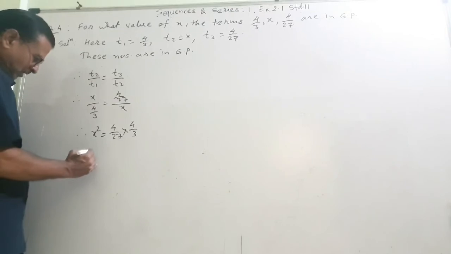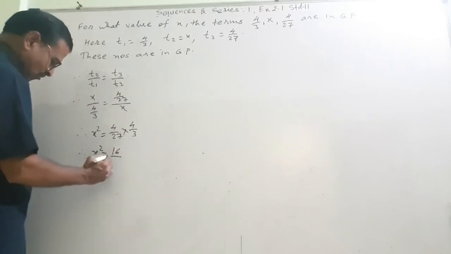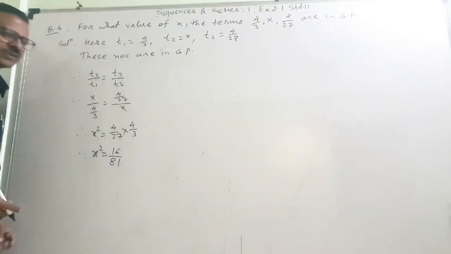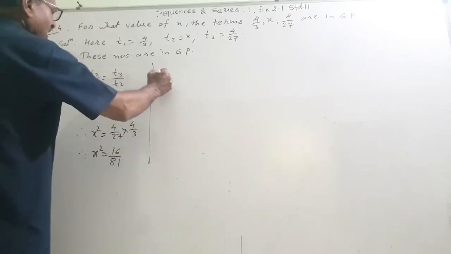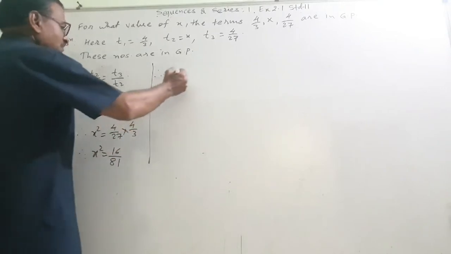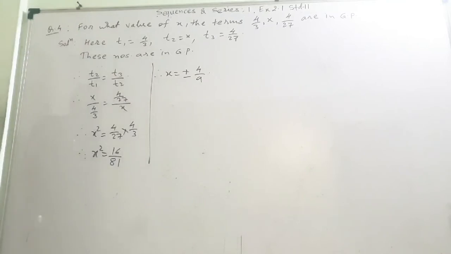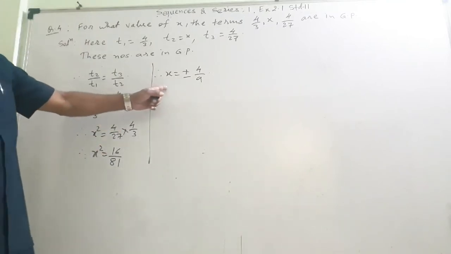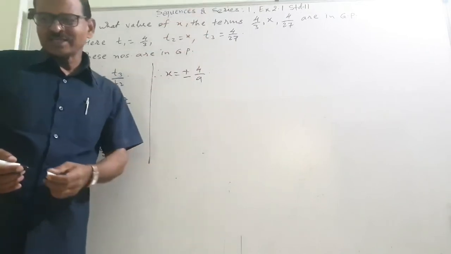Therefore, x square is equal to 16 upon 81. Then take the square root of it. Have you understood this? So x is equal to plus or minus 4/9, since the square root can be plus or minus. For x equal to plus or minus 4/9, the given terms are in GP.